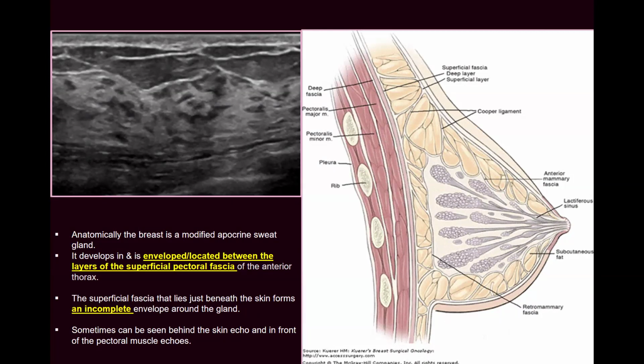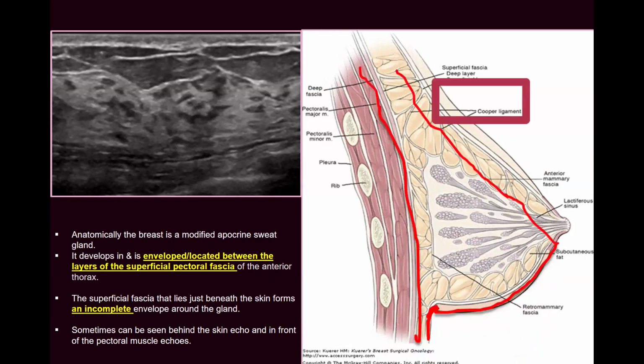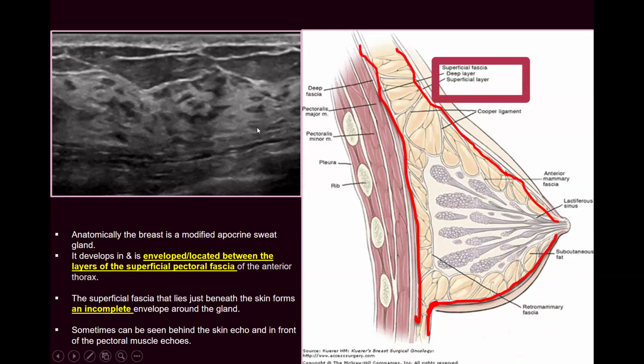As you know, the breast is a modified apocrine sweat gland that developed and enveloped between two layers of the superficial fascia. You see, this is the breast.